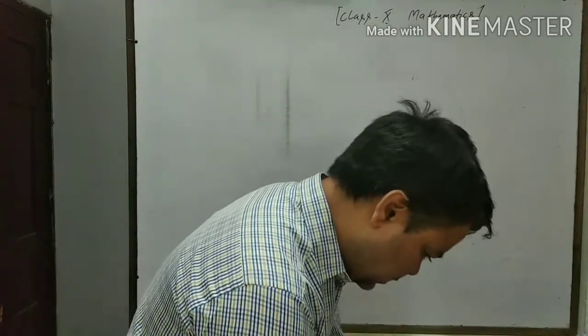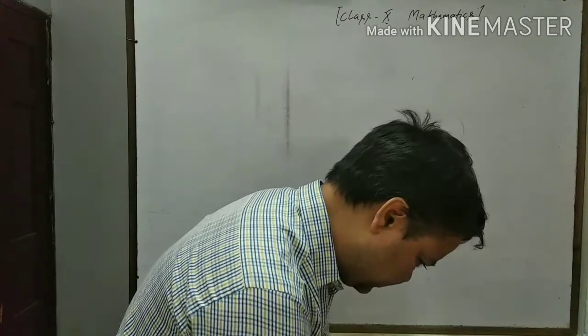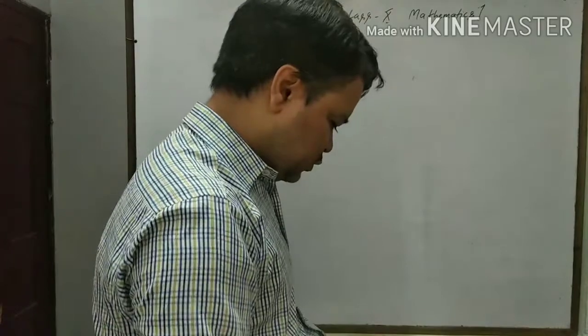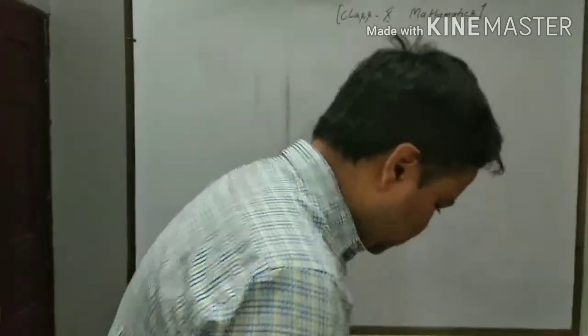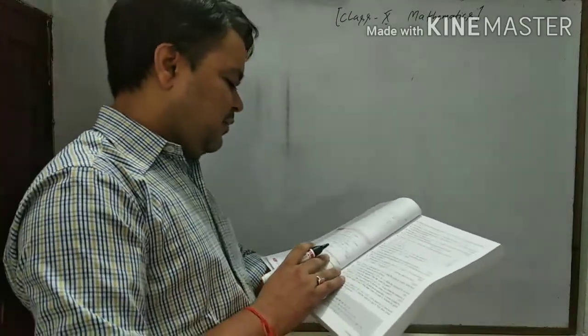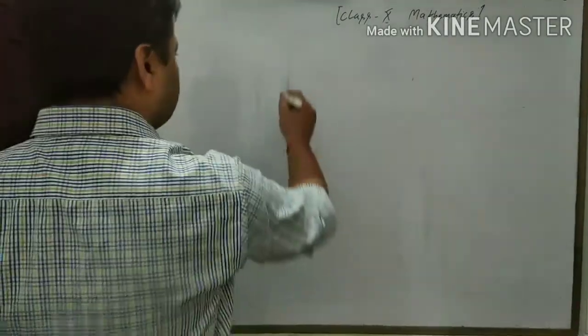The first exercise is exercise 6, question number first. Question number first is: find the remainder on dividing f(x) by x minus 2, and the first one is given.